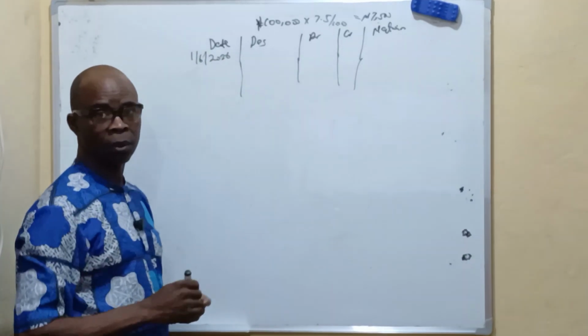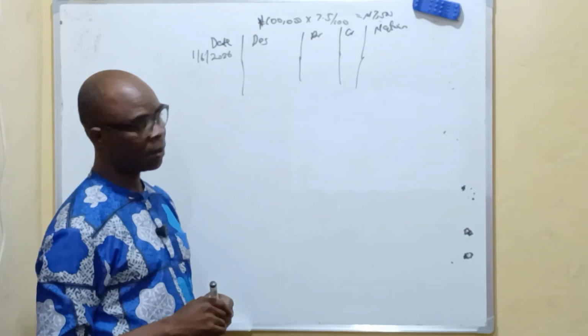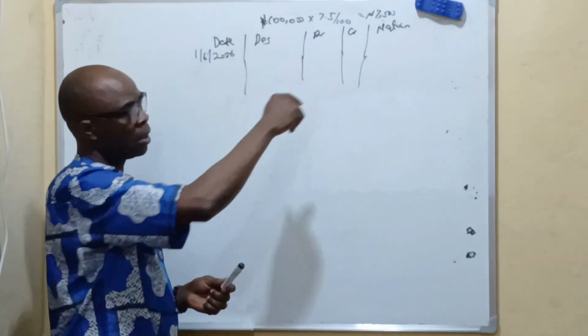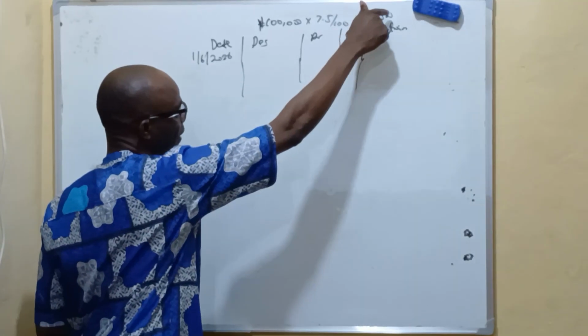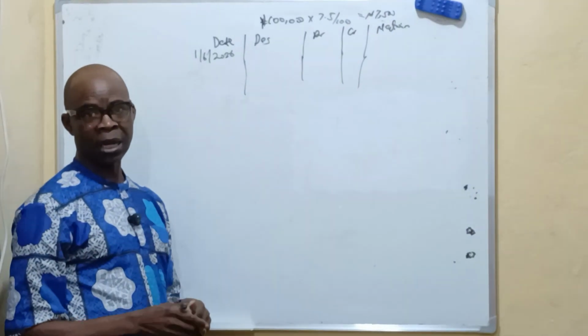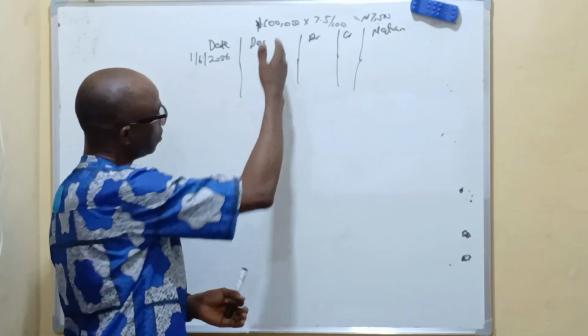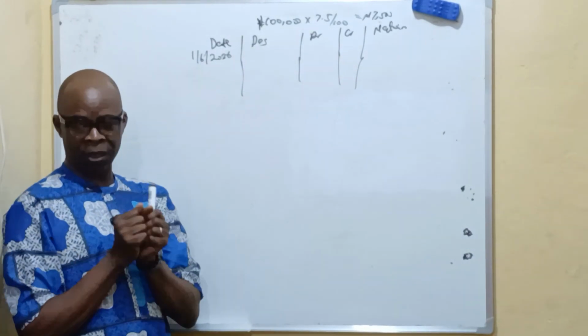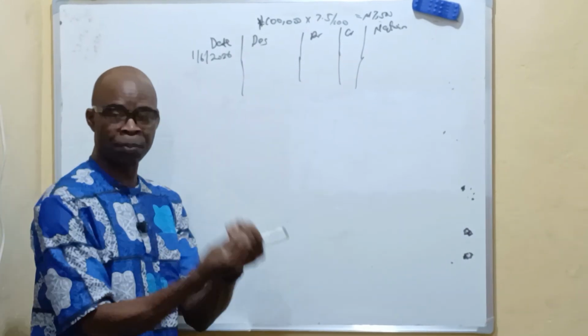I told you three accounts are going to be affected. Remember, you have a sale of 100,000, it's a cash sale, and you also have the 7.5% VAT element. Now the customer pays you your sales and your VAT. It means that the entire money is what the customer pays you, either into your account or in cash.